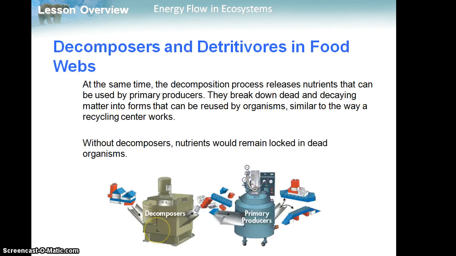A way to think of that is we've got this house over here that once was living and now has died, and the decomposers are going to take that and break it up into new pieces so that the primary producers, such as plants and algae, can reuse those nutrients to form things that they need. Those nutrients then will be passed along the food chain as well.